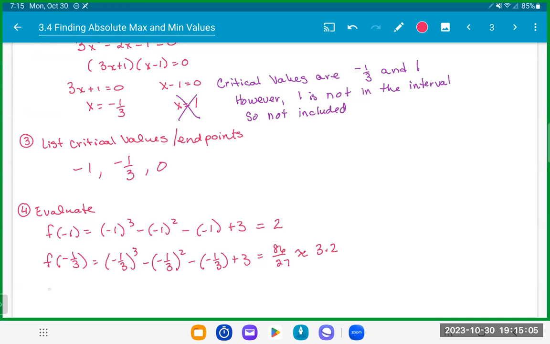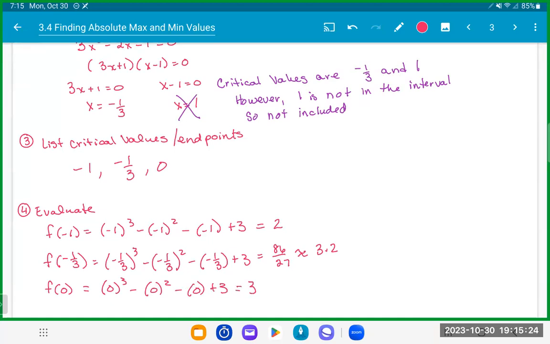Okay. And then for our last point, we evaluate f of 0. So that is 0 cubed minus 0 squared minus 0 plus 3, and that equals 3.